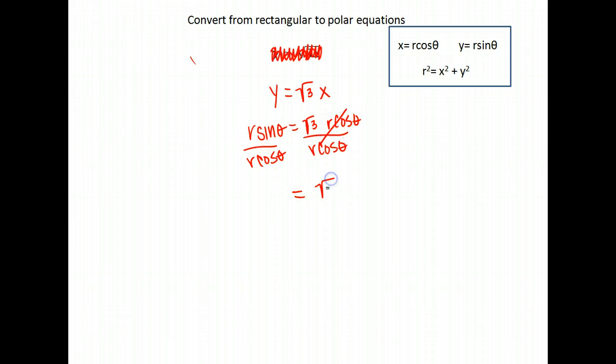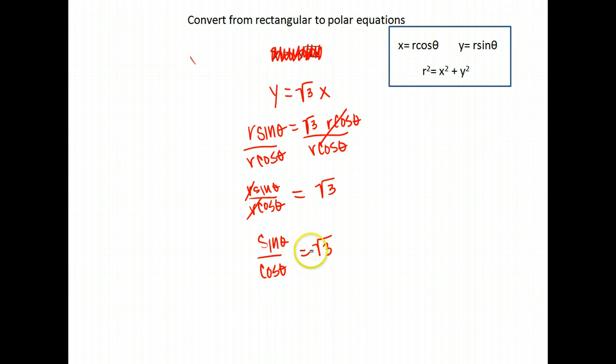And then I have r sine theta over r cosine theta is equal to the square root of 3. Well, notice I have an r divided by an r, so my r's are gone. Now I have just sine theta over cosine theta equals the square root of 3.